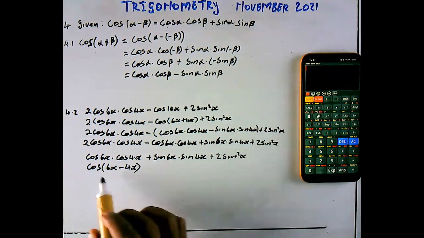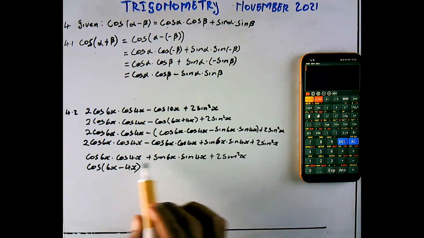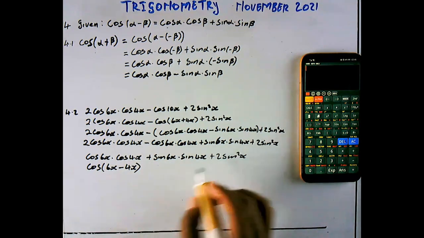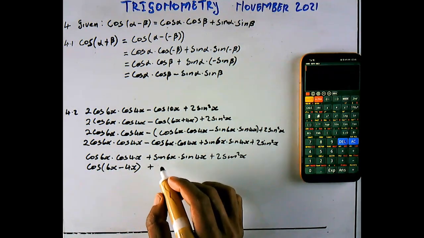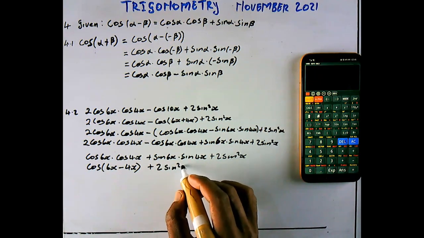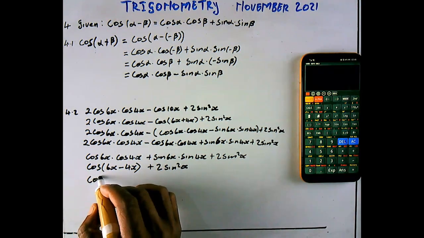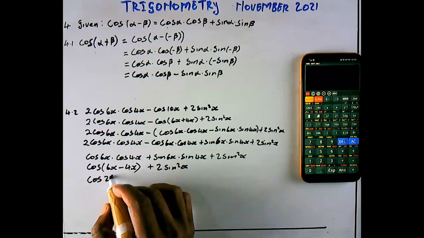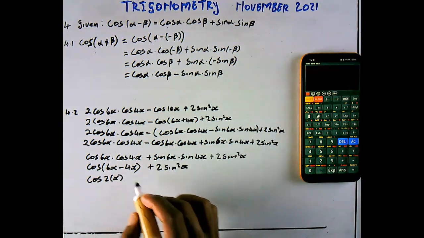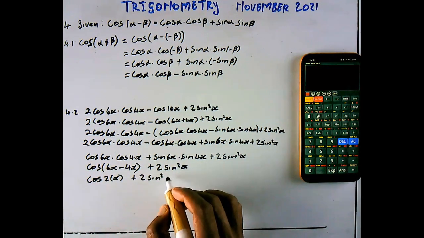If you can derive 6x minus 4x, we are going to have these two terms, this one and this one. So plus 2 sine squared x. And then this one is the same as cos 2x plus 2 sine squared x.